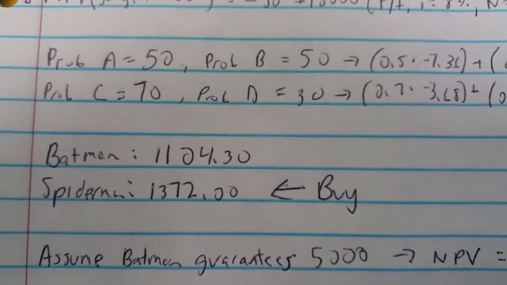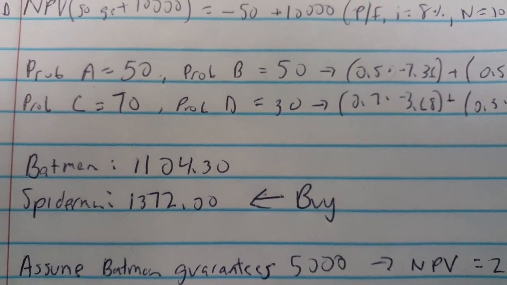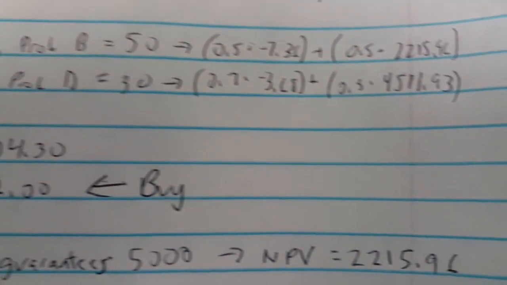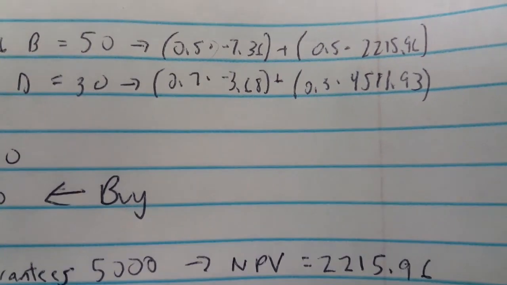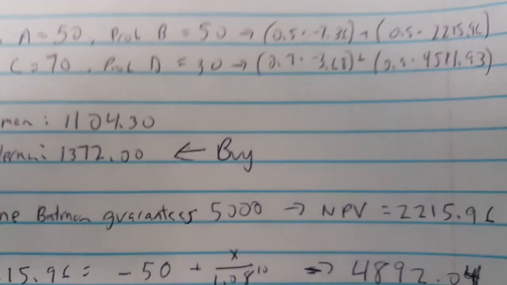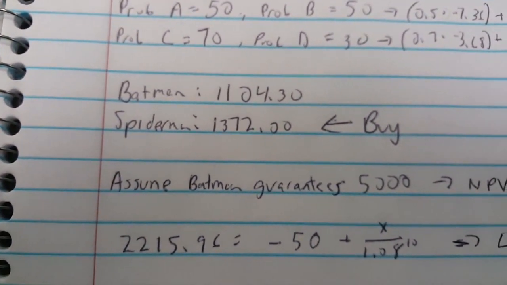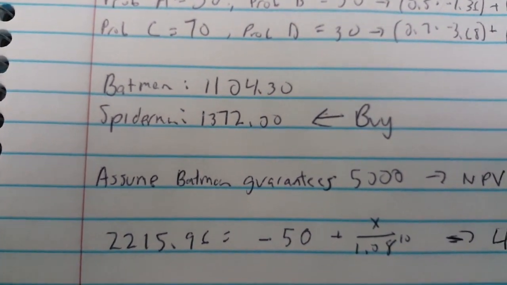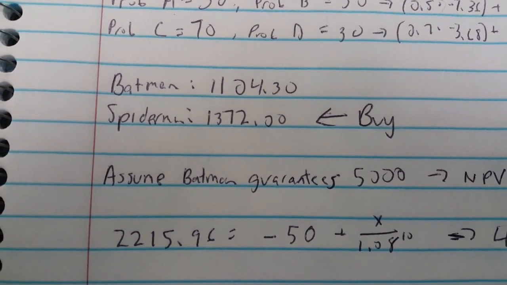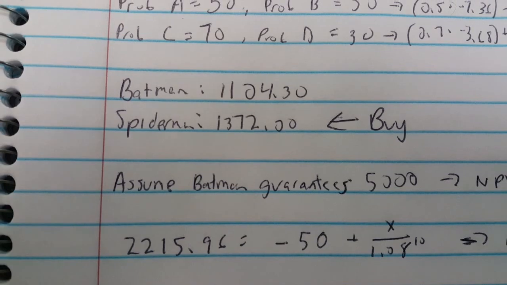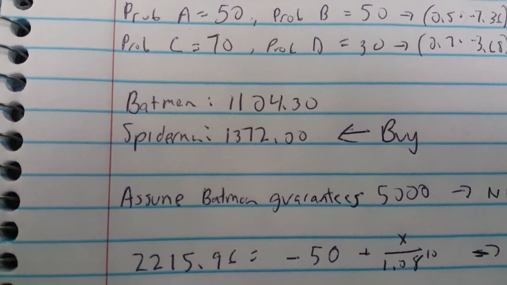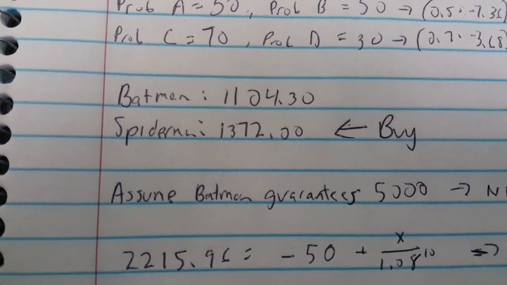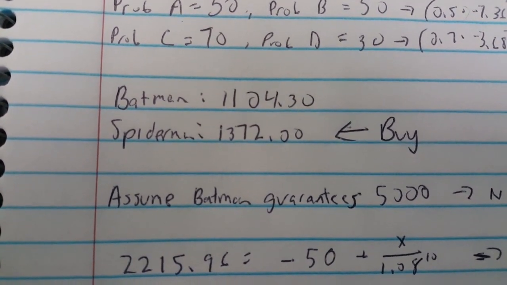Now let's assume that Batman actually guarantees $5,000, or as we saw earlier, a net present value of $22.15. What does Spider-Man have to do to get to that value? So we set up an equation. The value, $22.15, has to be equal to negative 50, our investment, plus whatever the present value would be of future value x over 1.08 to the 10th.